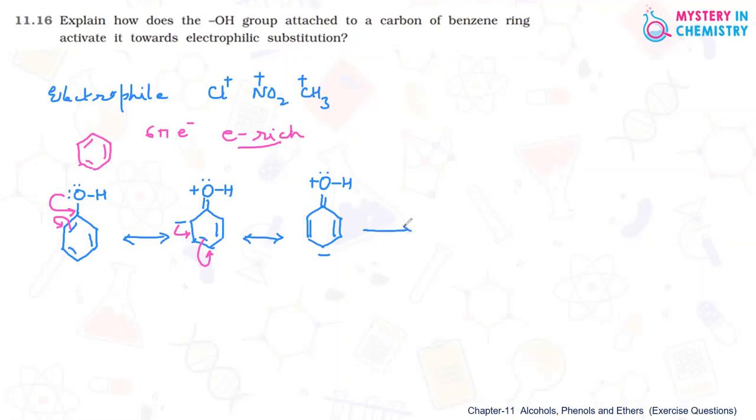In the next step, the electrons are shifting and forming a bond here, and this bond is making the charge over here. And that is how in the next step we are getting the next structure.